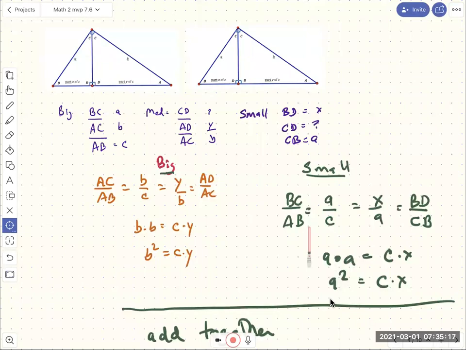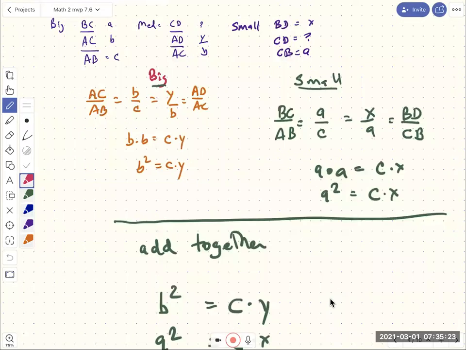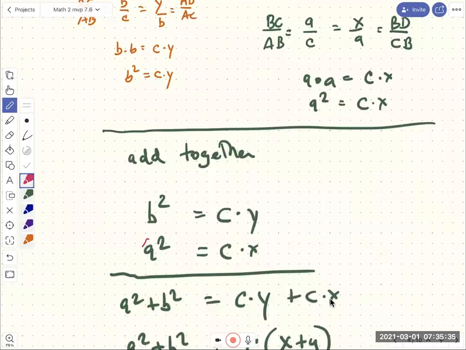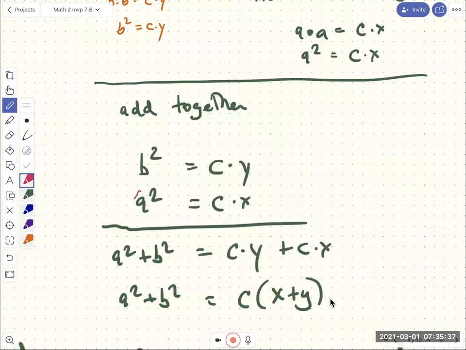And so when we add these two together, we have B squared equals C times Y, and A squared equals C times X. And then the insight that you have to have is that you can use the distributive property.